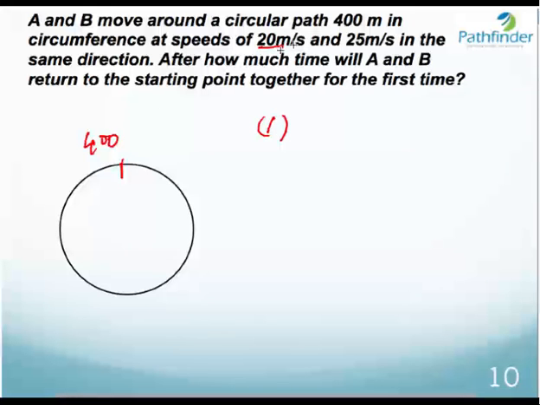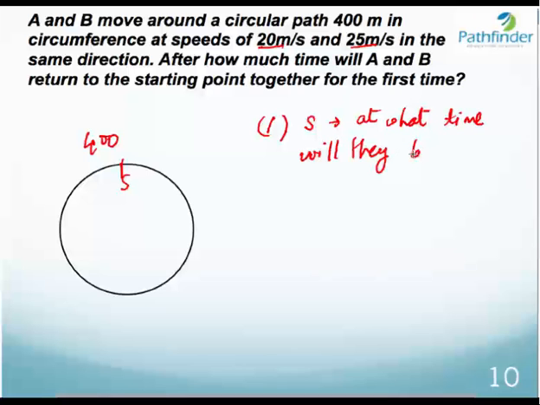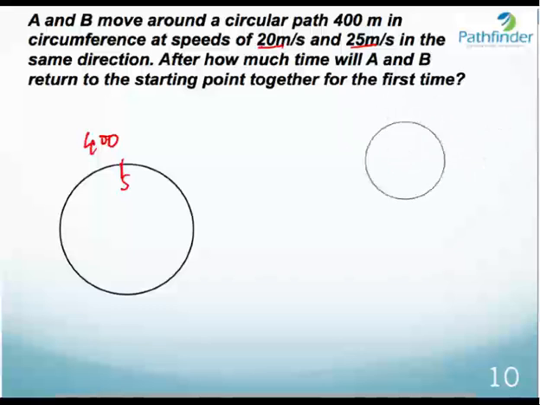You are given speeds of people who run around the racetrack, and you are asked to find that if the two people start from point S, at what time will they be together at point S. So this is the first type of question which is based on circular races, and let us see how to solve this.